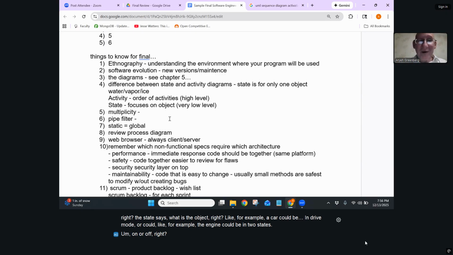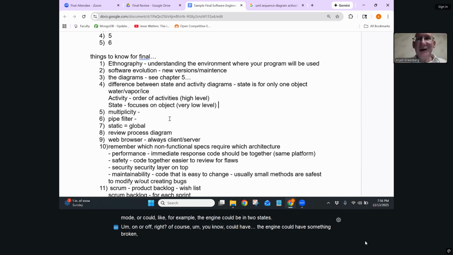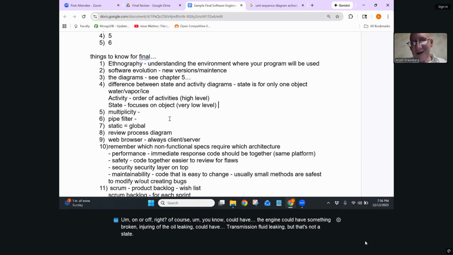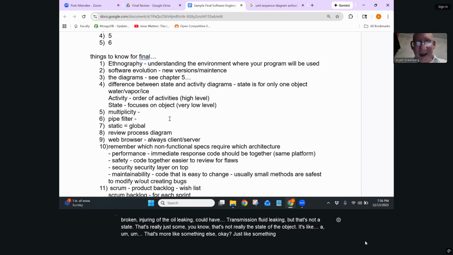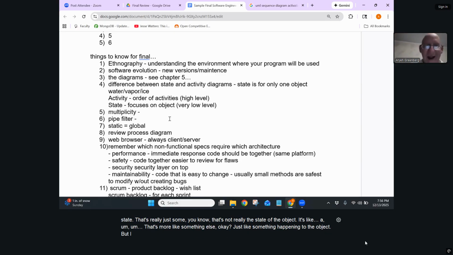The engine could have oil leaking or transmission fluid leaking, but that's not really the state of the object. That's more like something happening to the object.